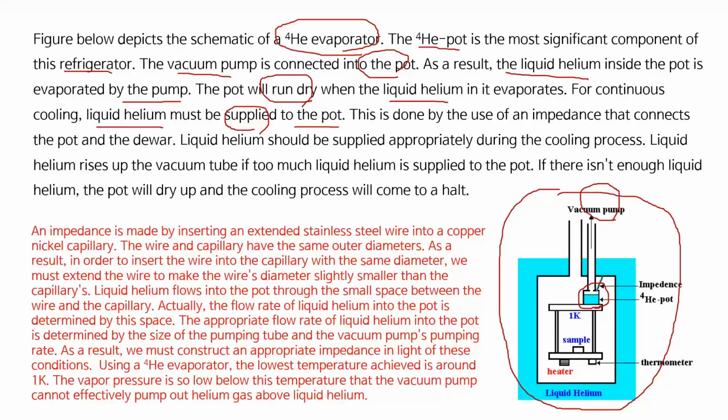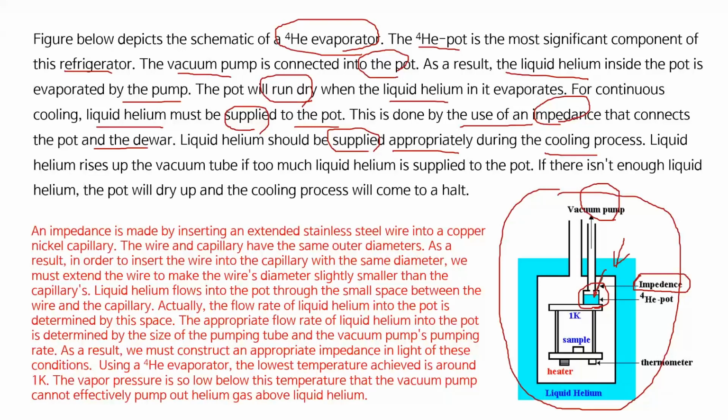This is done by the use of the impedance that connects the pot and the dewar. So outside, the helium reservoir is here, and due to the function of the impedance, the helium from the reservoir is put into the helium-4 pot. Liquid helium should be supplied appropriately during the cooling process.